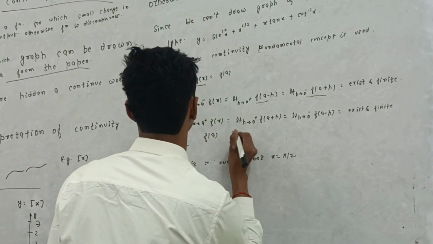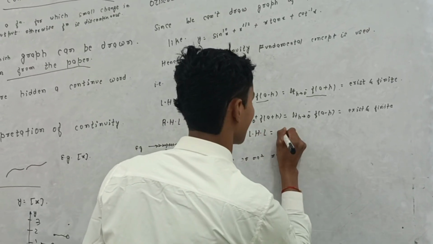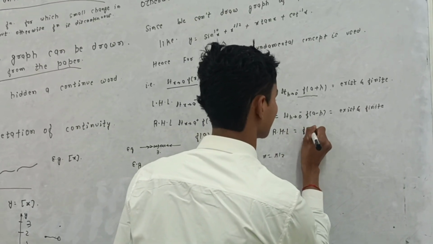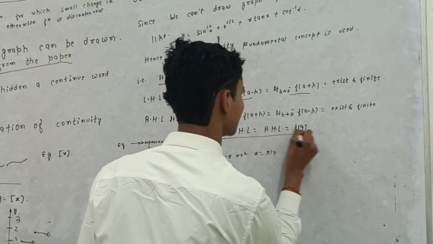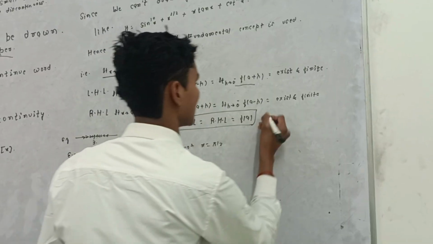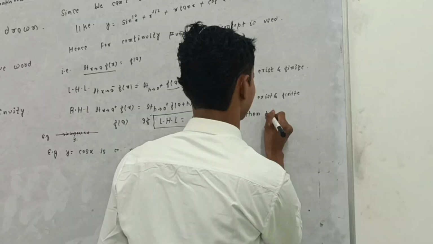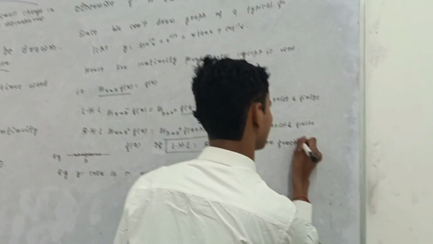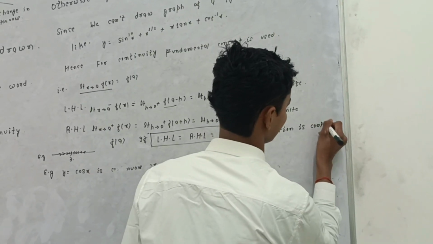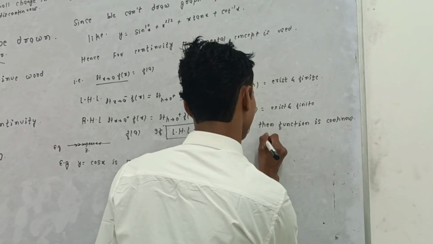If left hand limit is equal to right hand limit is equal to the functional value at a, this thing holds, then the function is continuous, otherwise not.